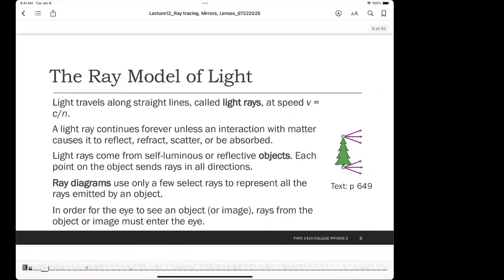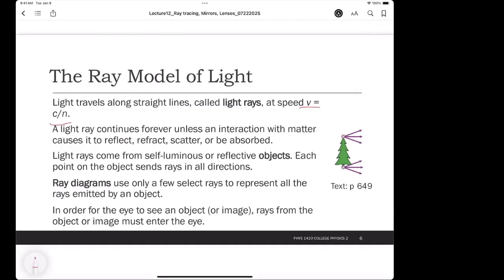And also we talked about the ray model of light. The light travels along straight lines called light rays at speed v equal to c divided by n. And the light ray continues forever. An interaction with matter causes it to refract, scatter, or be absorbed.